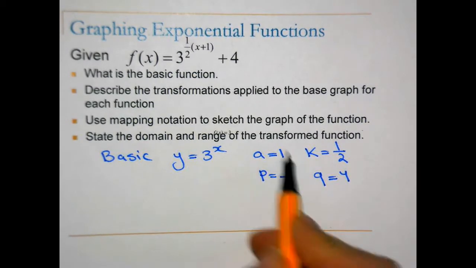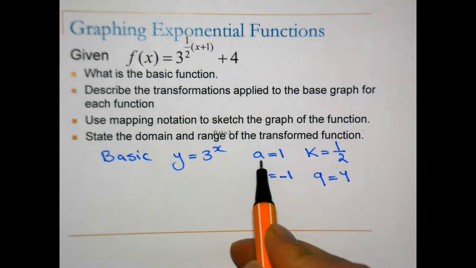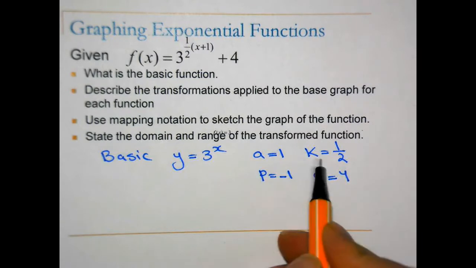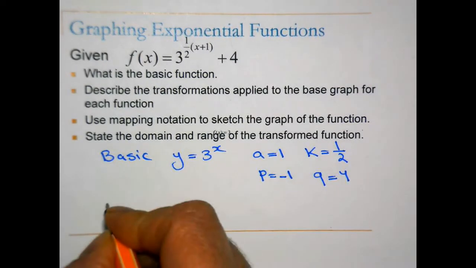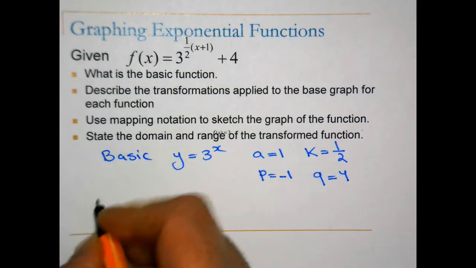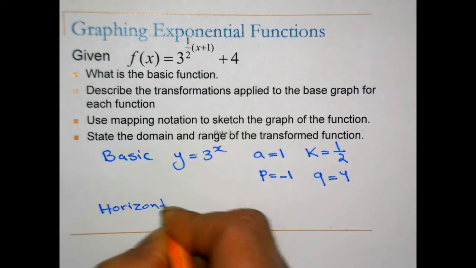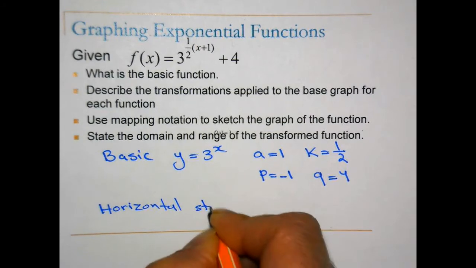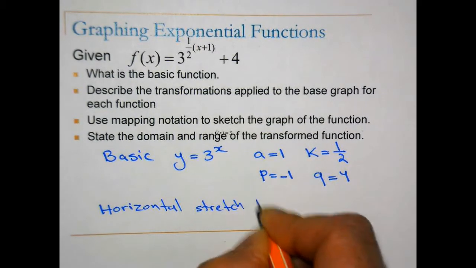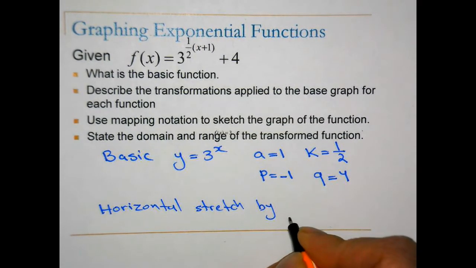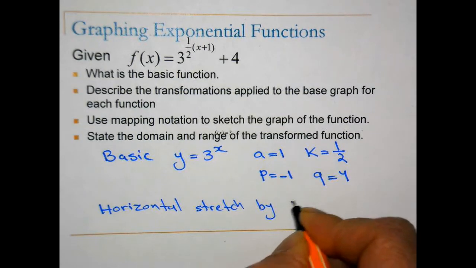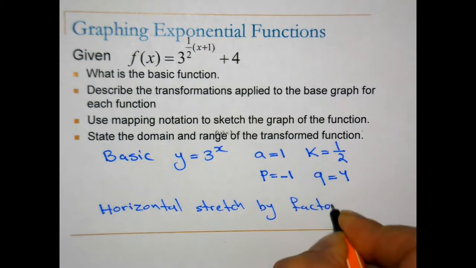Now, we don't have any vertical stretch or compression because a is 1, but k is 1/2. So we have a horizontal stretch by the reciprocal of this value. So 1/2 will be by a factor of 2.